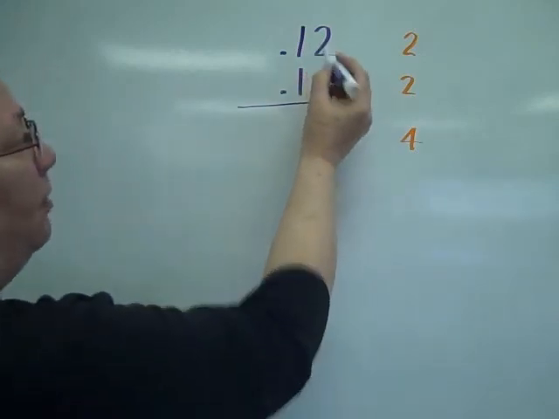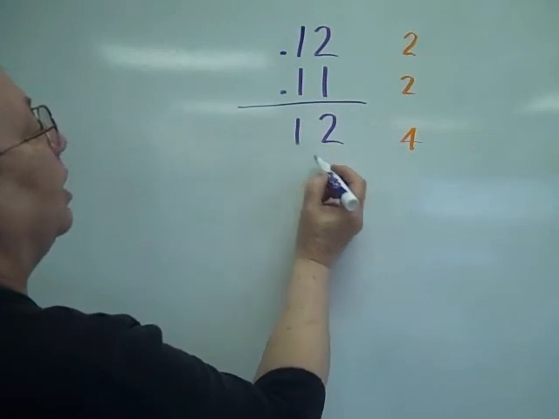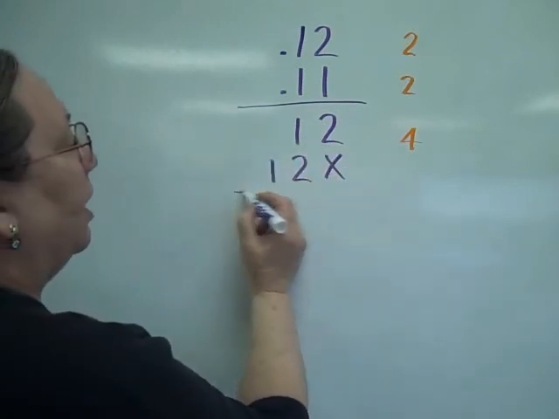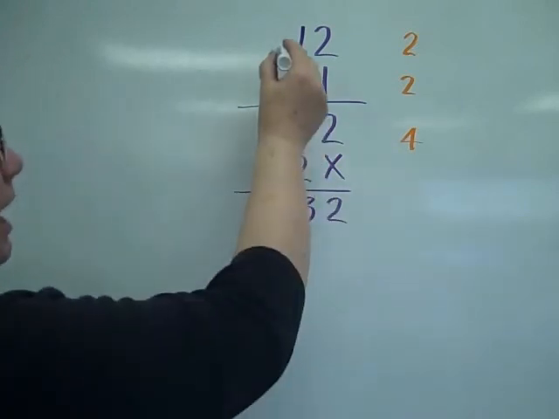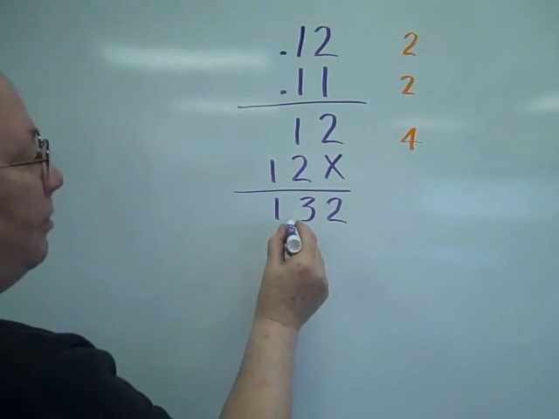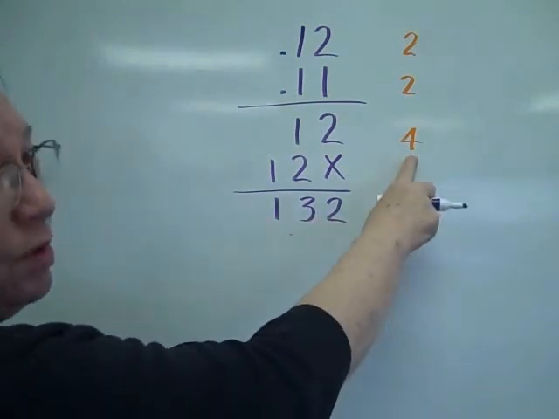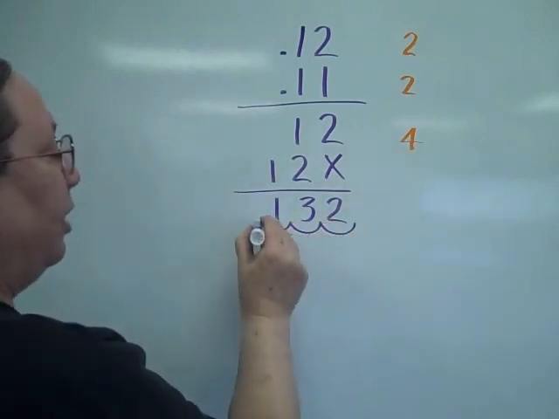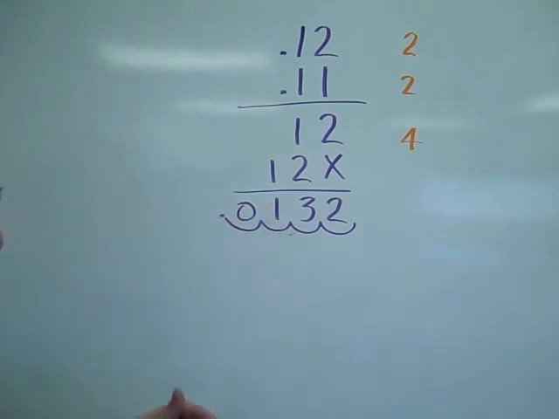So doing this problem, you've got the 1 times 2, the 1 times 1, count over, 1 times 2, 1 times 1, you've got 1, 3, 1, and it's so easy to drop it down. But notice, if you drop it down, you won't have the right number of decimals. You've got to go 1, 2, 3, and add your 0 in the front. So be careful that you don't fall into that add and subtract trap.